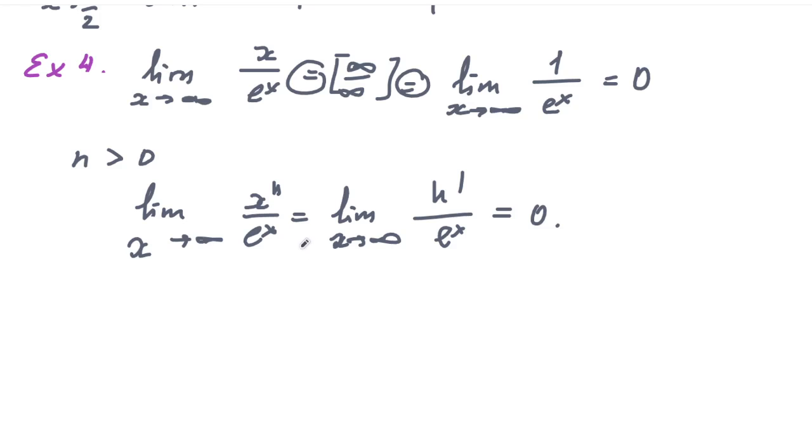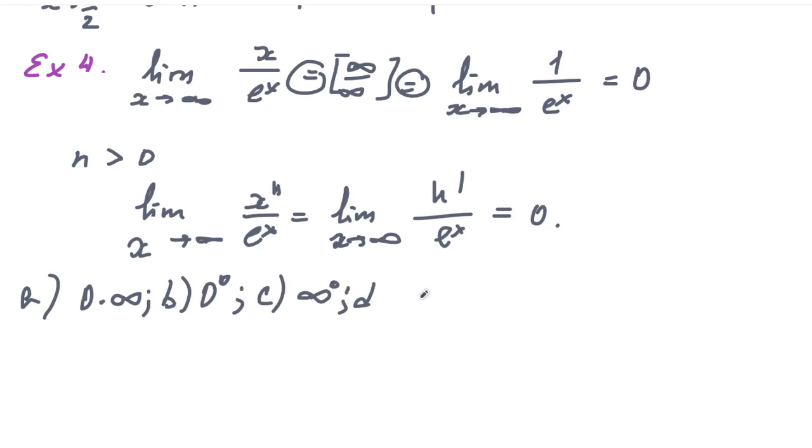Their forms may be written symbolically as: a, 0 times infinity; b, 0 to the power of 0; c, infinity to the power of 0; d, 1 to the power of infinity; and e, infinity minus infinity. They have the following meaning.